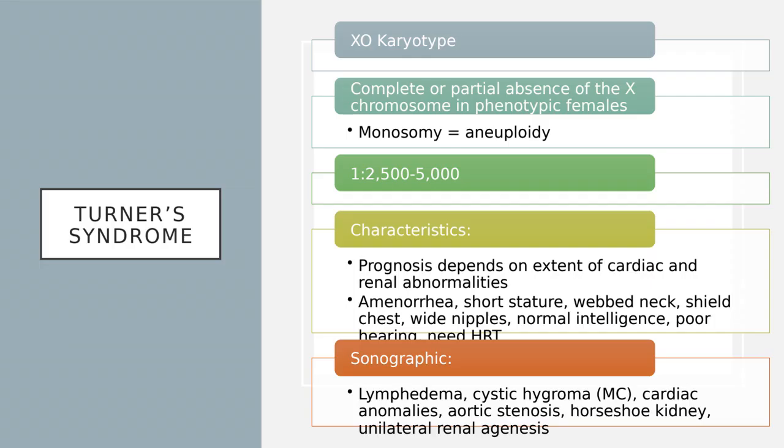Next, we have Turner syndrome. So this is talking about the karyotype, so a little bit more of the reproductive aspect of genetic composition. This is an XO karyotype, so this means that there is either a complete or a partial absence of the second X in a typical female patient.